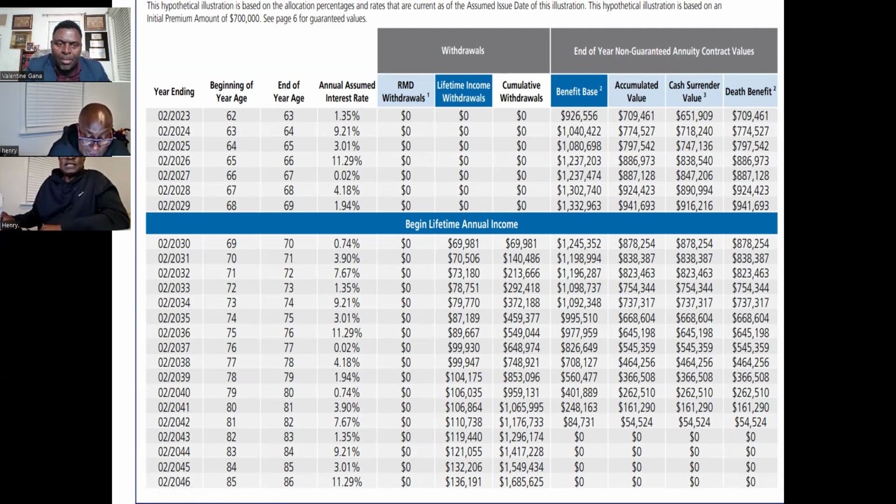If he eventually died in 2043, what he is taking home that day is nothing compared to what his death benefit would have looked like. But by 2043, they would have collected $1.296 million. Right here, that's cumulative withdrawals here. They would have collected 1.296, which is way above what they brought in. They brought in 700,000.